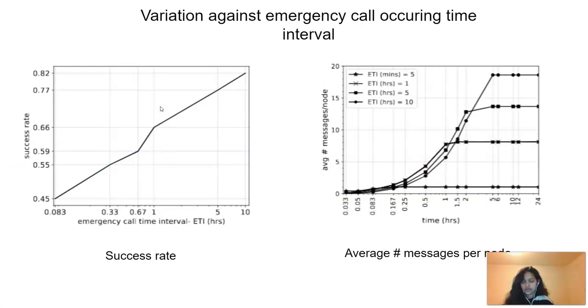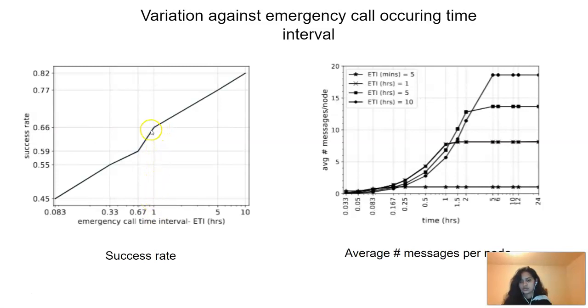Next, I evaluated how the emergency call interval affects the success rate. When the emergency calls occur during a certain time interval, such as 5 minutes, the success rate is about 0.45. When the emergency calls occur during a 1 hour time period, the success rate is about 0.66.